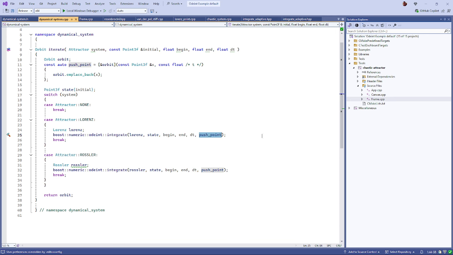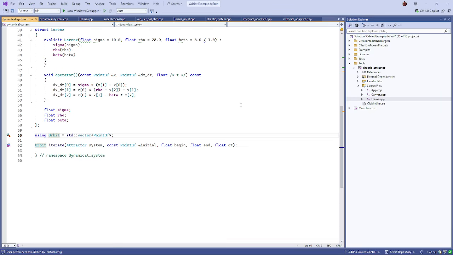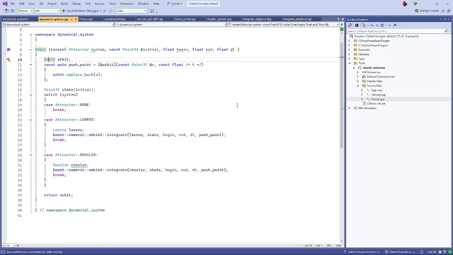And my observer is going to take the state of the system that is produced at each step and throw it onto a vector. This orbit is just a vector of 3-dimensional floating point points. And then I'm going to return that orbit from this function here.